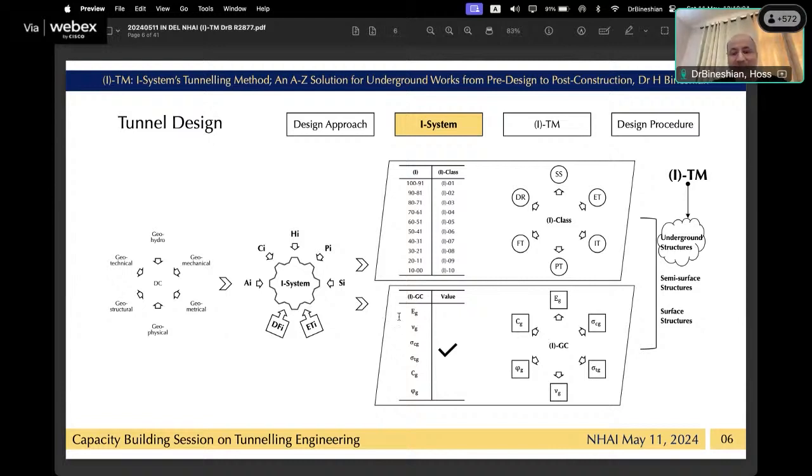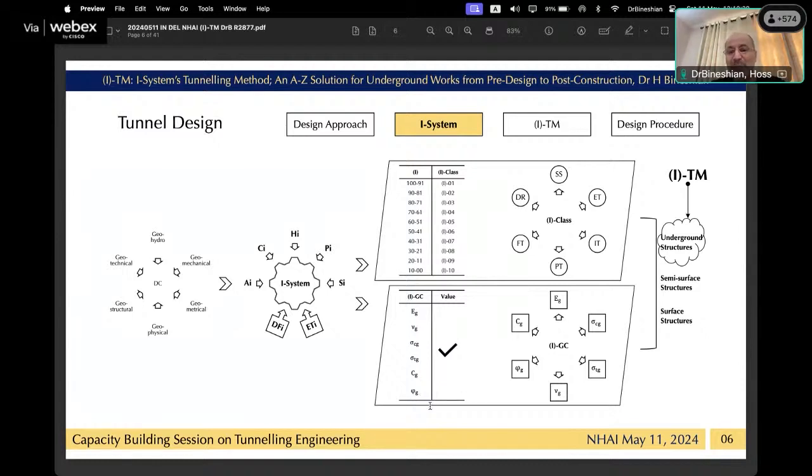The second output of the I-System is IGC. IGC stands for I-System's Ground Characterization. It provides you with 6 important parameters: modulus of deformation, E_G; Poisson's ratio, nu_G; compressive strength, sigma_CG; tensile strength, sigma_TG; cohesion, C_G; and friction angle, phi_G.